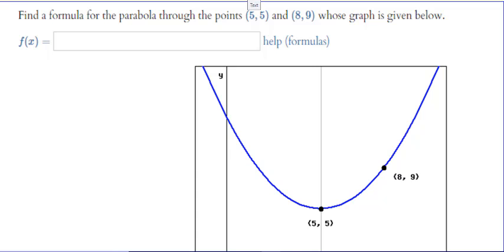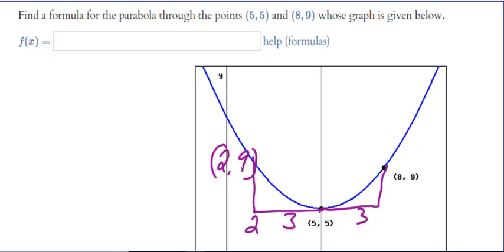And what I alluded to on the previous video was if they only give you 2 points, well, you've got to find a third one in order to do a quadratic regression. So if you look at the x values, this is over 3. If I go over 3 here, 5 take away 3 is 2, and that would be 2, 9.